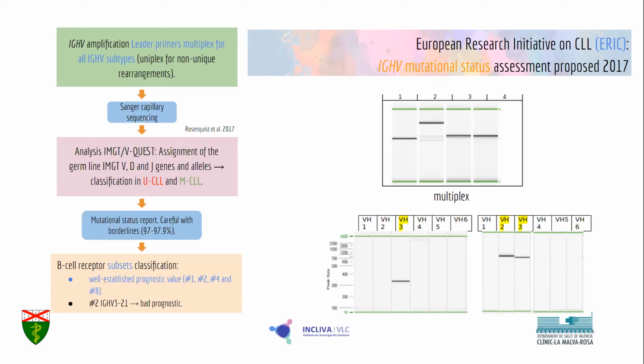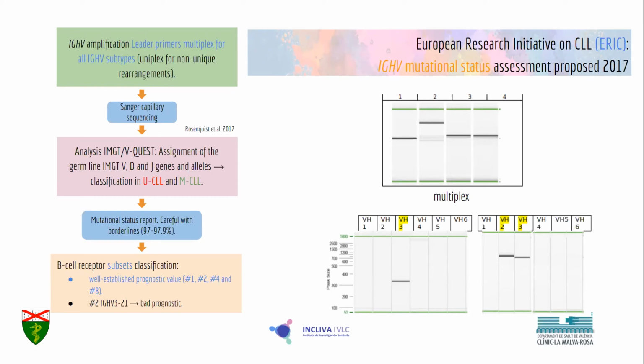To do this report of the mutational status, we have to be very careful with patients in the boundaries between mutated and non-mutated, as they can have variable behaviors, not necessarily included in their groups. And also after that, we can classify them using subsets that are already established to have a prognostic value, such as what are defined as the subsets.